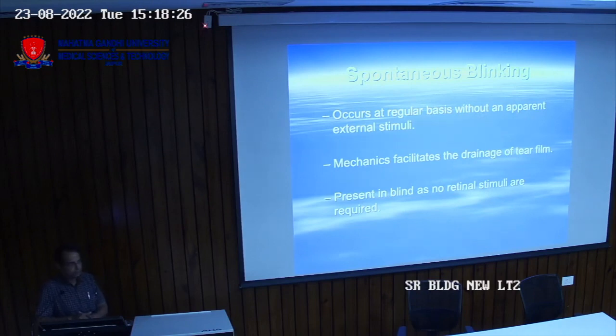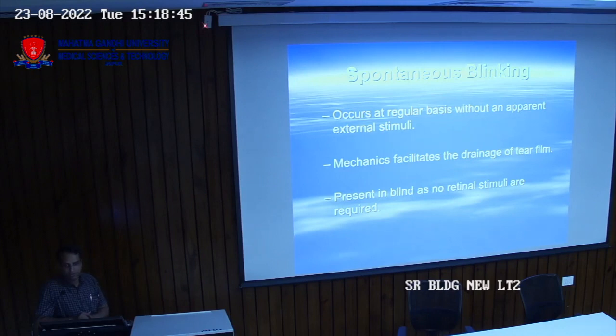While blinking, it spreads the tear film over the cornea and conjunctiva, which is a must for the viability of the cornea. If the tear film is not there, the cornea will become dry, opaque, and the patient will become blind.